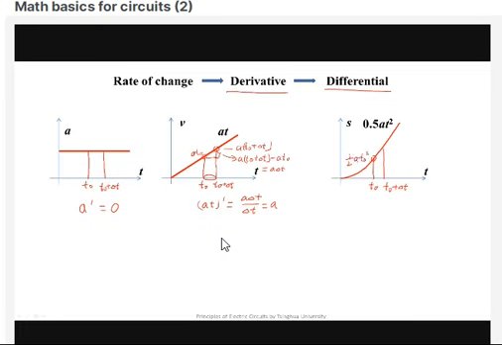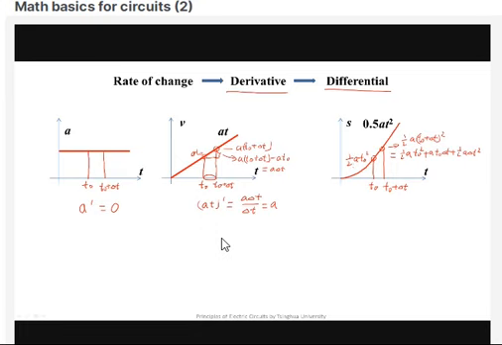The vertical axis of this point is 1 over 2 times a times t0 plus delta t squared. It can be expanded as 1 over 2 times a times t0 squared plus a times t0 times delta t plus 1 over 2 times a times delta t squared.